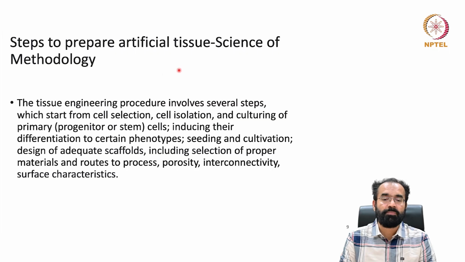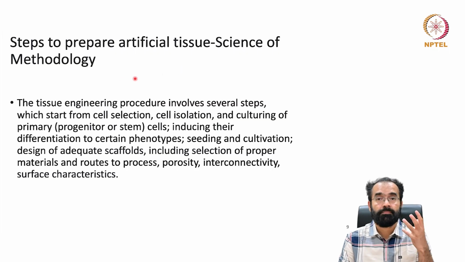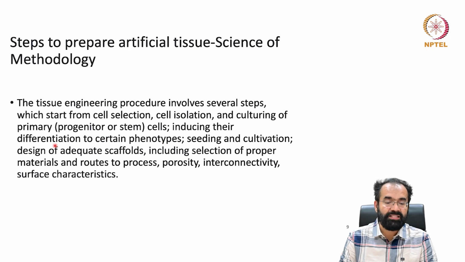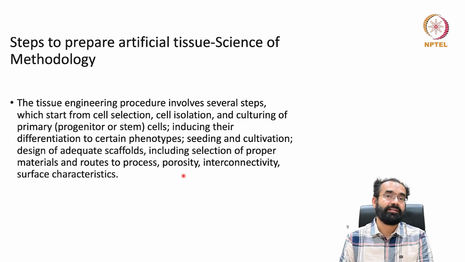Now let us see the steps to prepare artificial tissue, which is the science methodology of this artificial tissue. The tissue engineering procedure involves several steps, which start from cell selection, cell isolation, and culturing of the primary progenitor or stem cells, and inducing their differentiation to certain phenotypes, seeding and cultivation, design of adequate scaffolds, including selection of proper materials and routes to process, porosity of the scaffold, interconnectivity, surface characteristics.